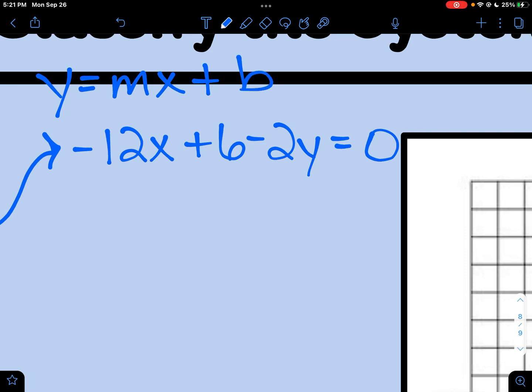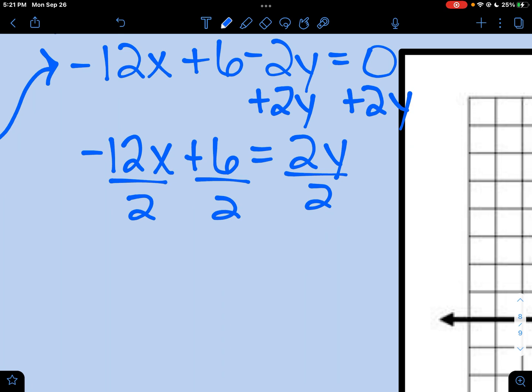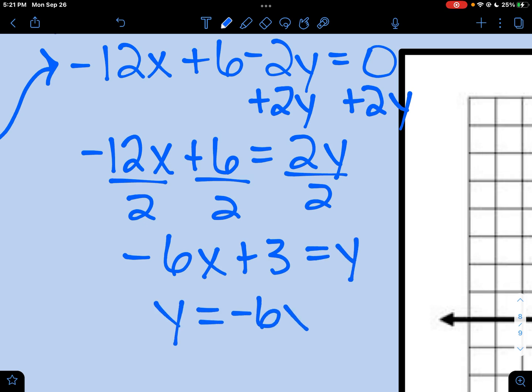It looks like I can just add 2y to get y on one side by itself, and then divide by 2. So I have negative 6x plus 3 equals y. Turn it around: y equals negative 6x plus 3.